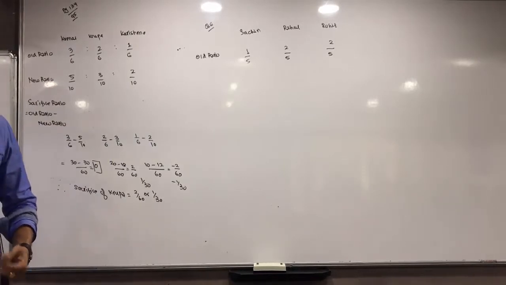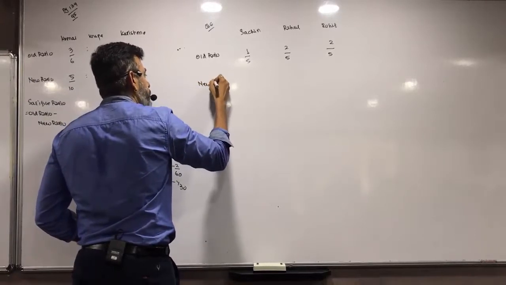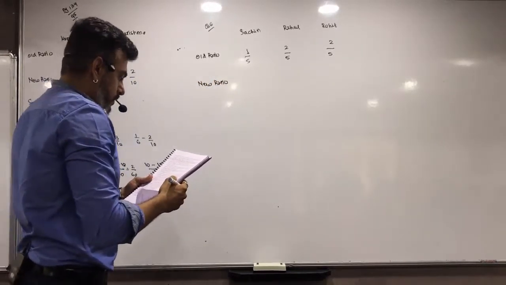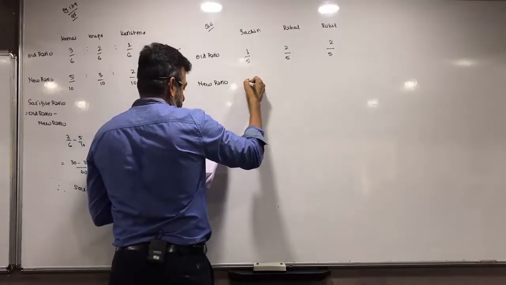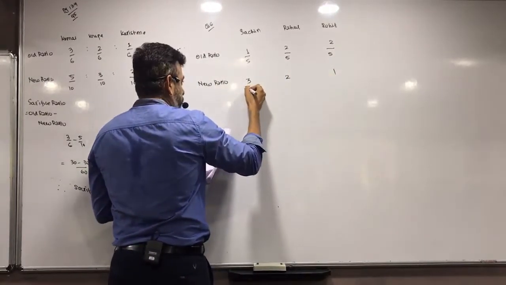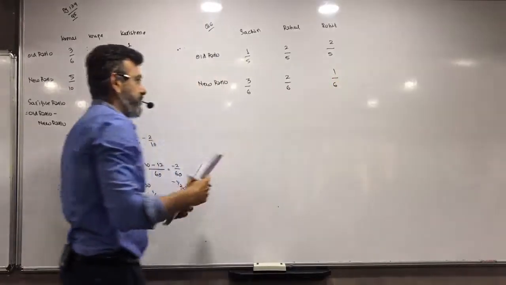Got it all of you? Then new ratio 3 is to 2 is to 1. So 3 by 6, 2 by 6 and 1 by 6.